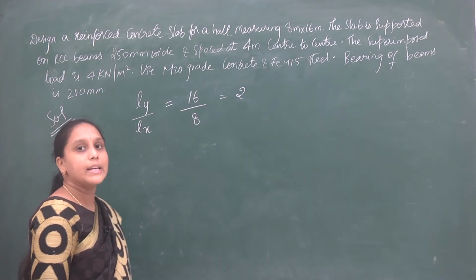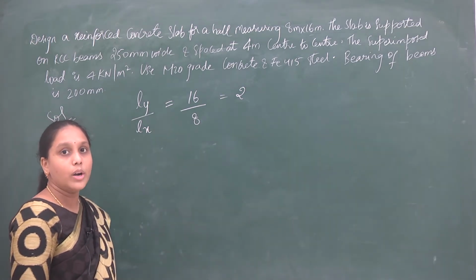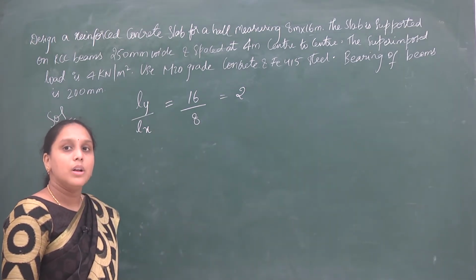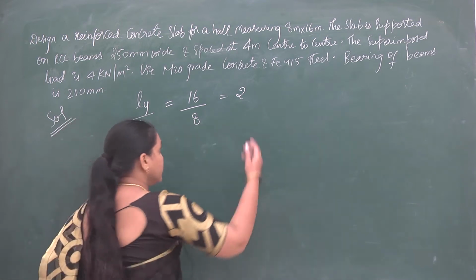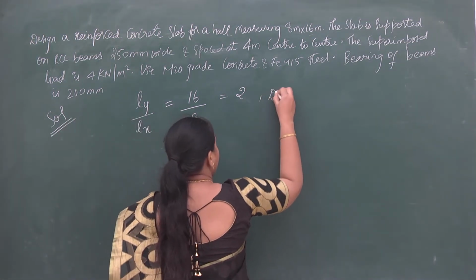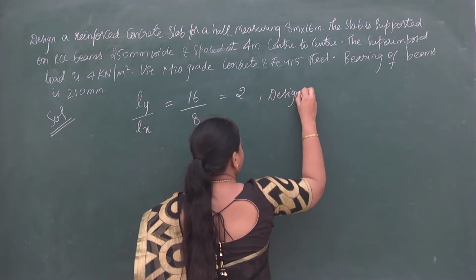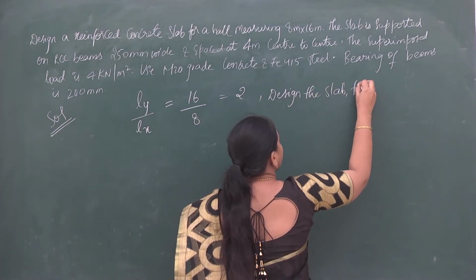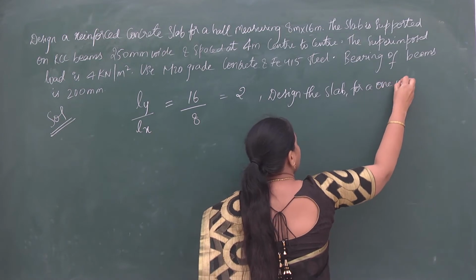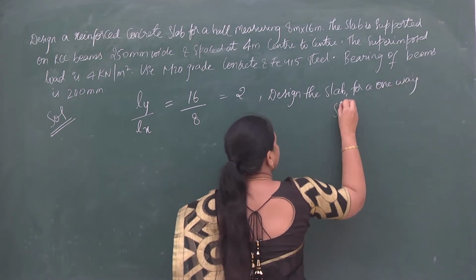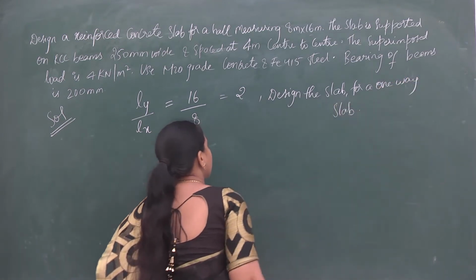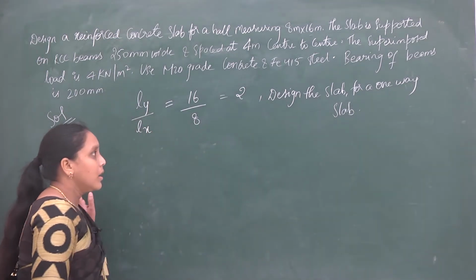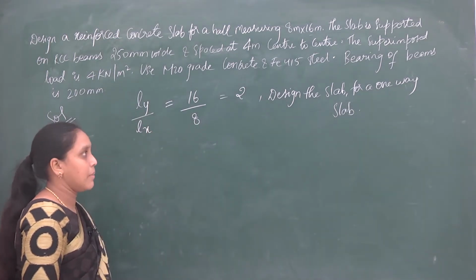So if Ly by Lx is greater than or equal to 2, then we have to design the slab as a one-way slab. As the value is 2, the slab has to be designed as a one-way slab.